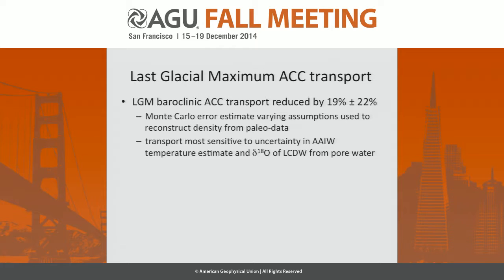We can say, well, we don't really know much of anything about Last Glacial Maximum ACC transport, or we can say, well, there's an 80% probability that it was lower or similar to today. And we also can say with some confidence that when we make the assumptions we do, it wasn't twice what it is today or anything like that.